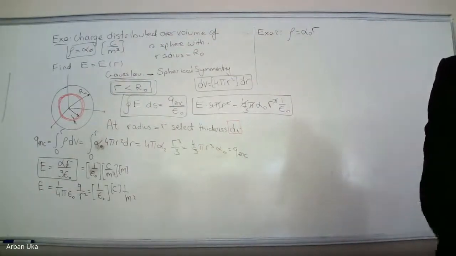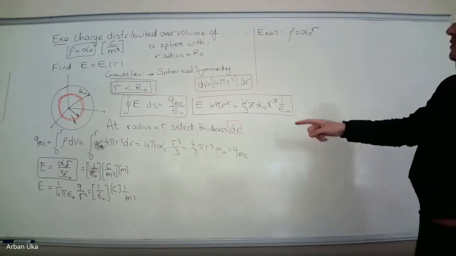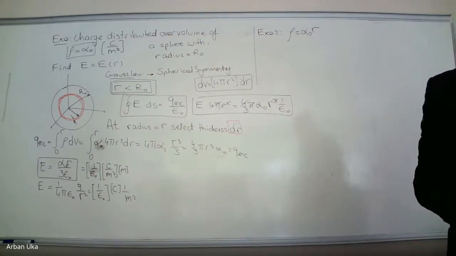If this is alpha 0 r, what is the unit of alpha 0? Any idea? So what is the unit of alpha 0? Here we found it was coulomb per meter cubed.